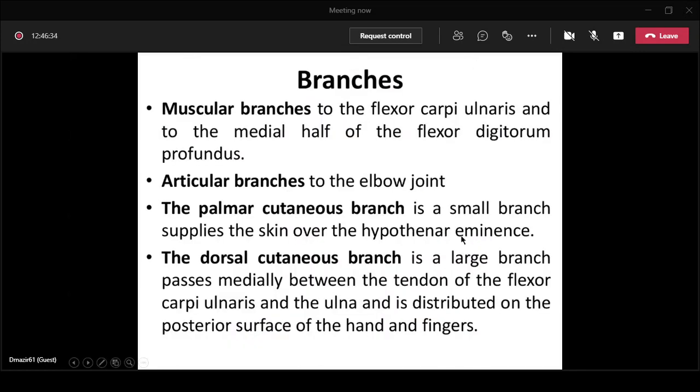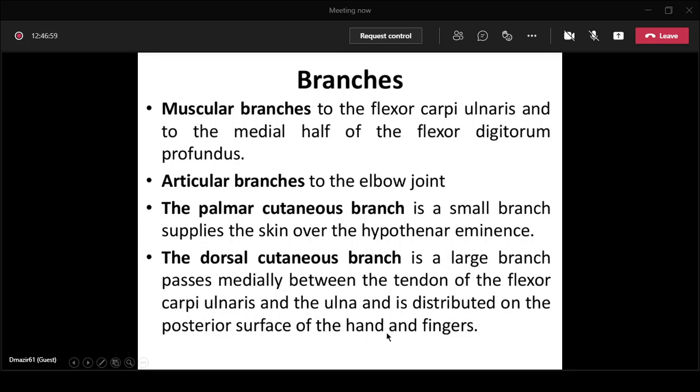The palmar cutaneous branch is a small branch which supplies skin over the hypothenar eminence and the medial 1.5 digits of the hand. The dorsal cutaneous branch is the larger one, which passes medially between the tendons of the flexor carpi ulnaris and the ulna and is distributed on the posterior surface of the hand and the fingers.